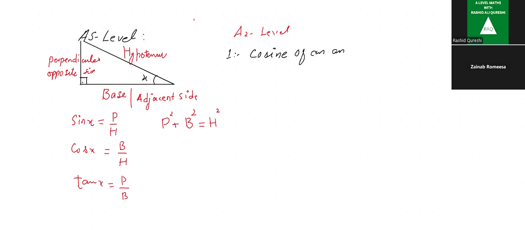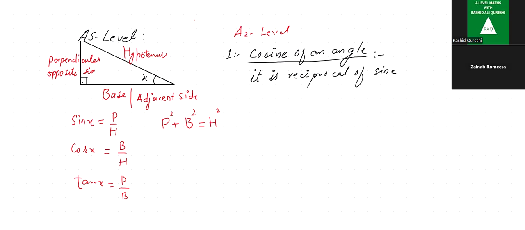What's the meaning of this one? Cosine of an angle, it is a reciprocal of sine of that angle.